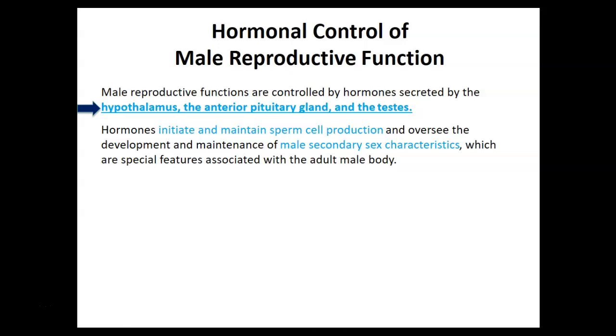But the reason all of this is important is because the male body needs masculine hormones, specifically testosterone, to start or initiate and maintain sperm cell production. And on top of that, male secondary sex characteristics, which are special features that only a male will display.